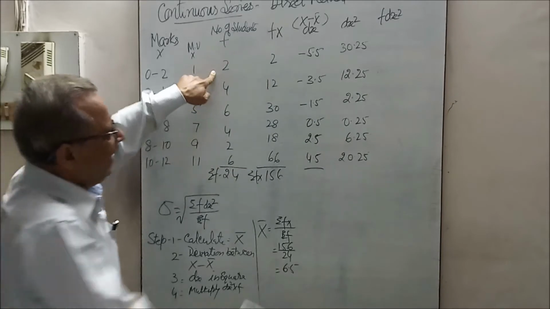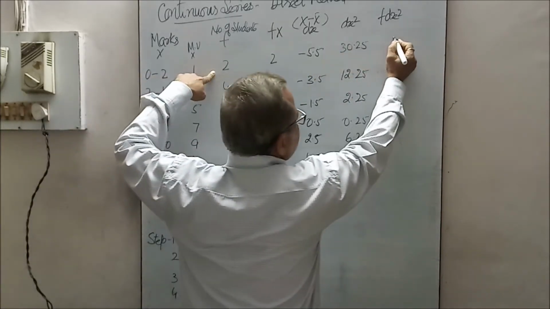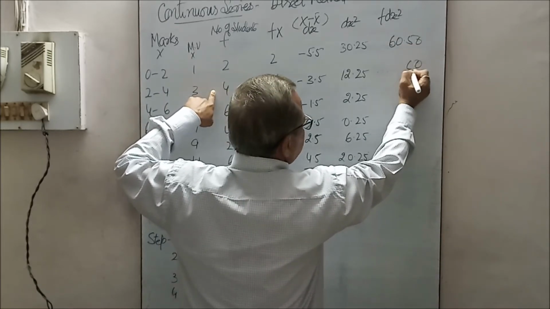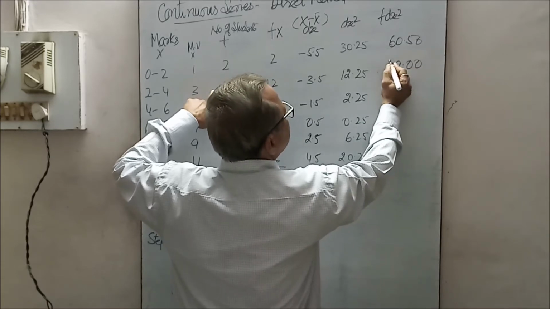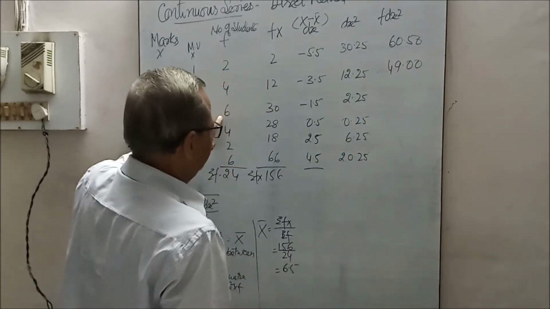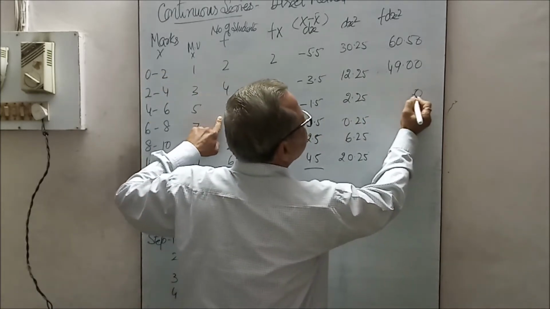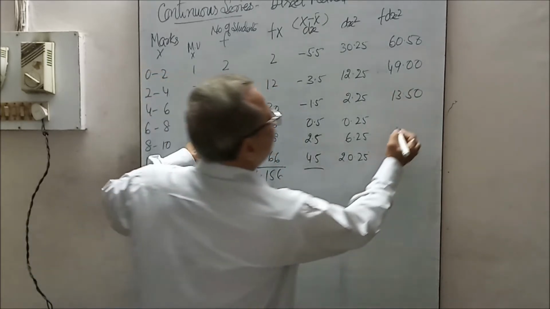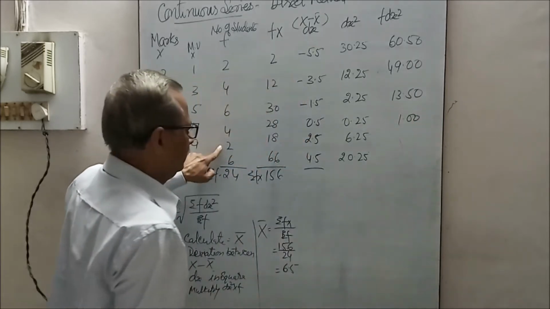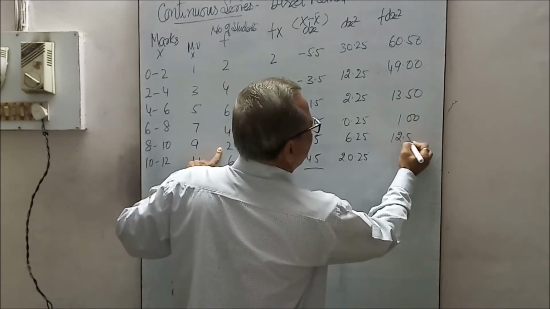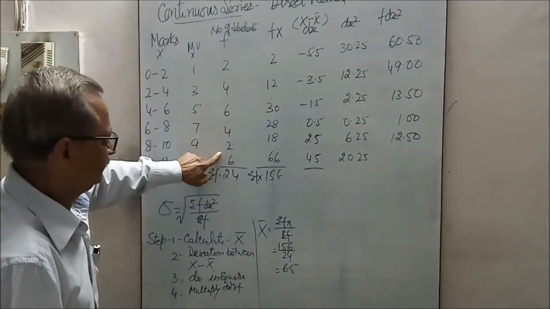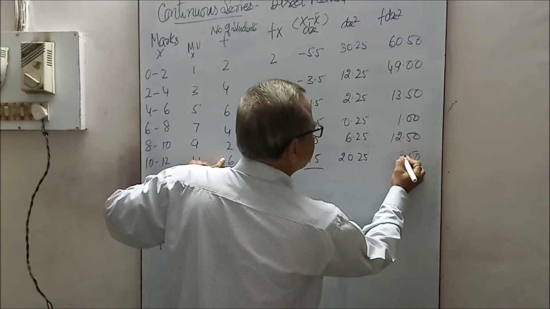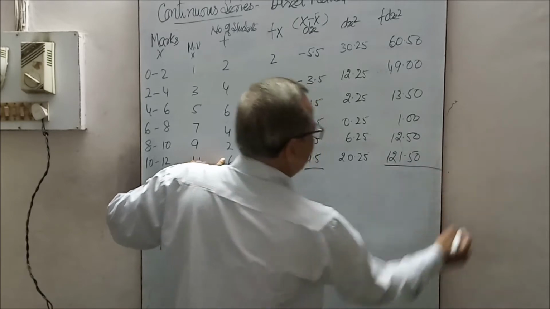Then f and dx square will be multiplied, that is 60.50, then 6 into 2.25 is 13.50, 1, 12.50, and 121.50.